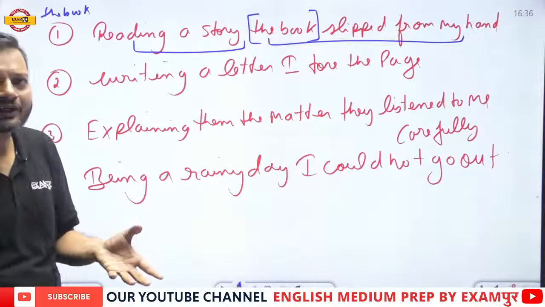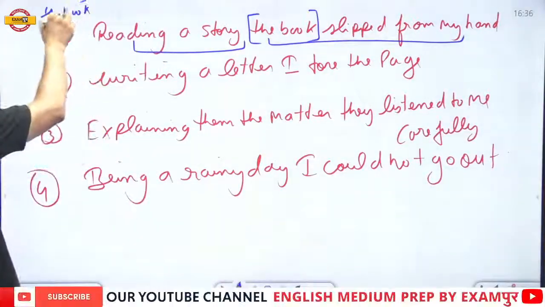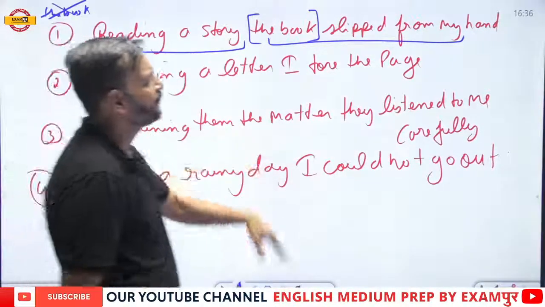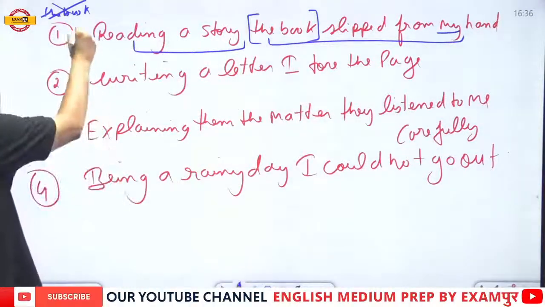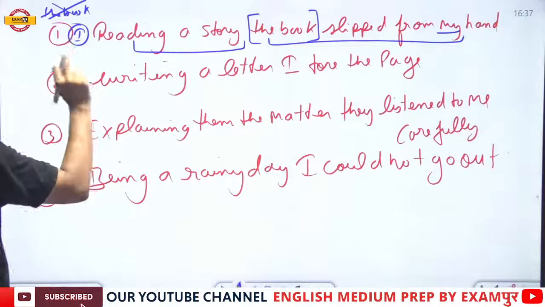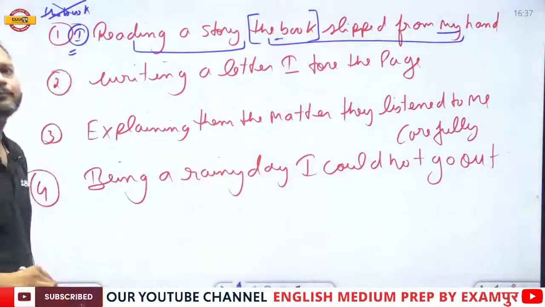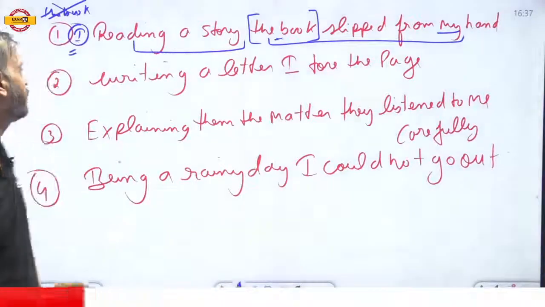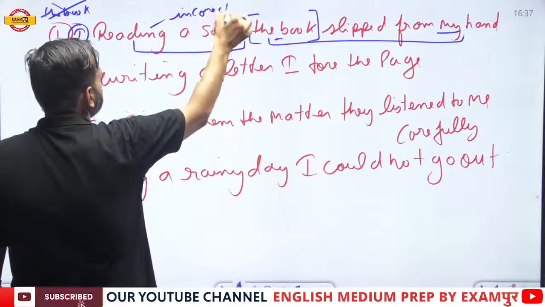A book does not read, we read a book. So here the book cannot be the subject. The book slipped from my hand, it means who was reading? I was reading. So the subject here is I. This sentence has different subjects, so it is incorrect.